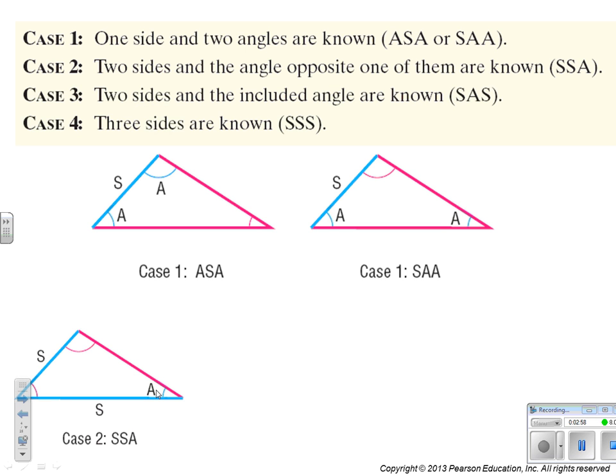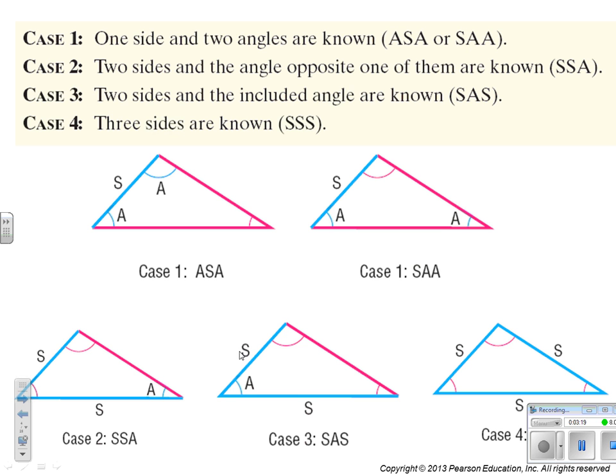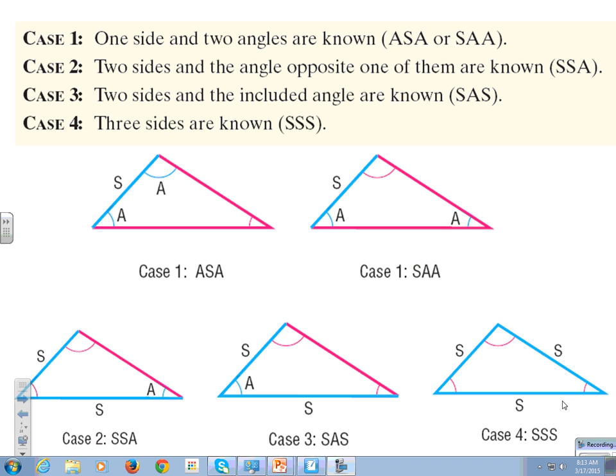And the reason we know that this is the bizarre scenario is because what is SSA spelled backwards? So that is your mental clue that something's wrong. Side angle side is when you have 2 sides and an included angle. And case number 4 is when we have all of the sides.